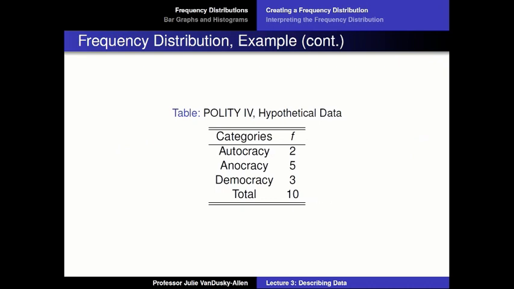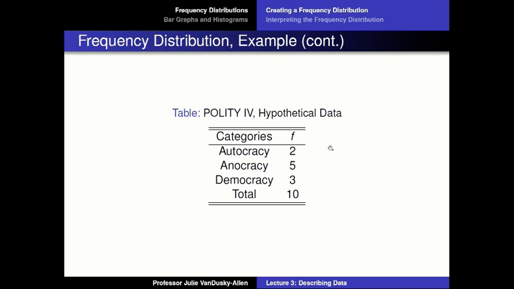Here is the frequency distribution example with the polity data. In the first column, you write categories as the column title, then write the categories underneath it: autocracy, anocracy, democracy, and add the word total at the bottom. The categories should be written in some sort of logical order if possible. So in this case, I wrote the categories from the least free countries, autocracies, to the most free countries, democracies.